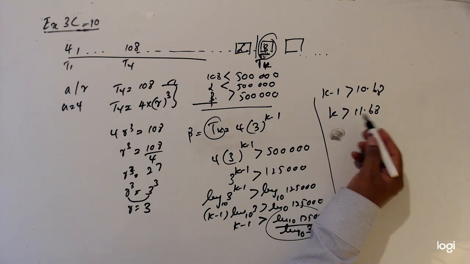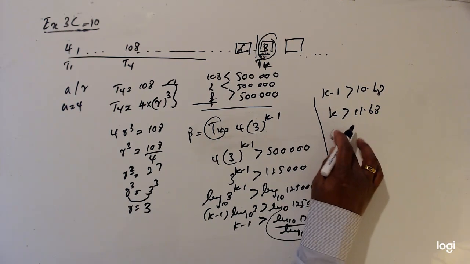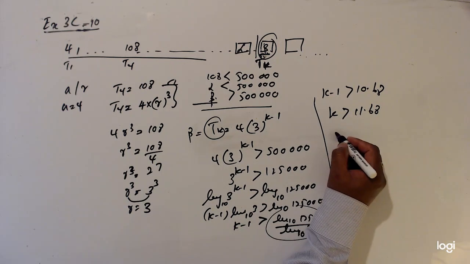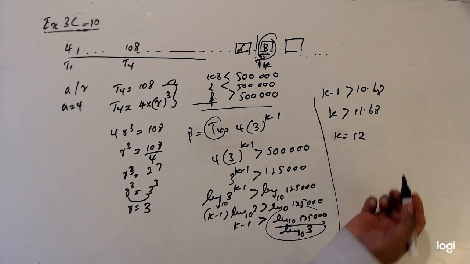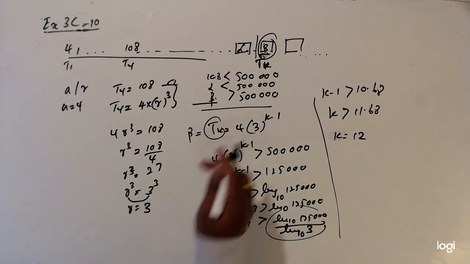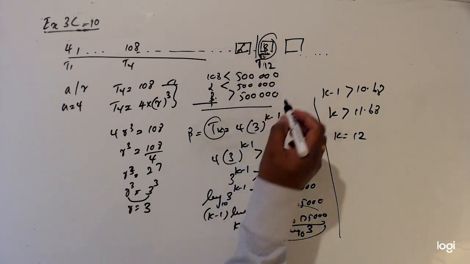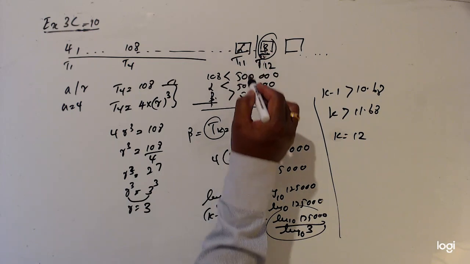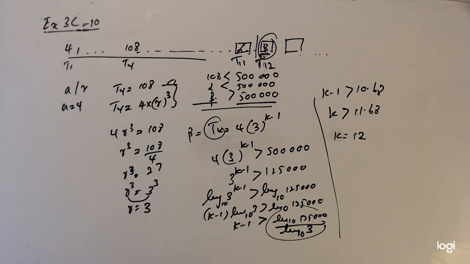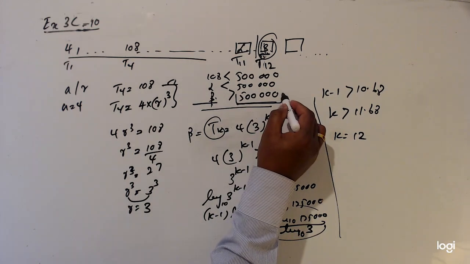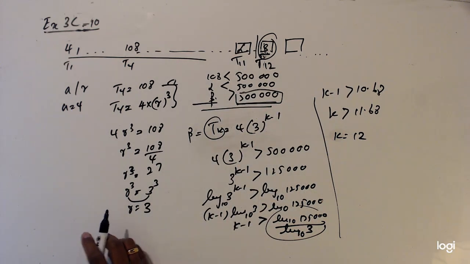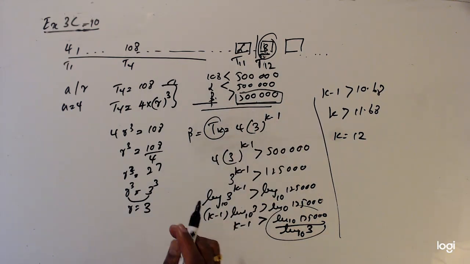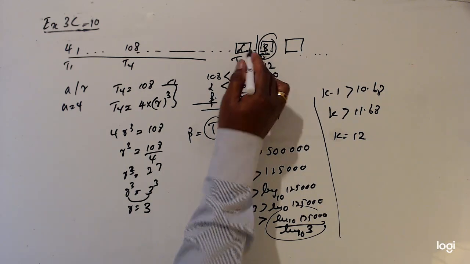So we have to approximate. So k equals 12. It means the 12th term is greater than 500,000, but the 11th term is less than 500,000. There is no exact term for 500,000. Hence 500,000 is not in the sequence.